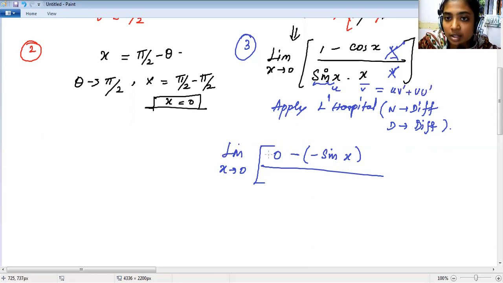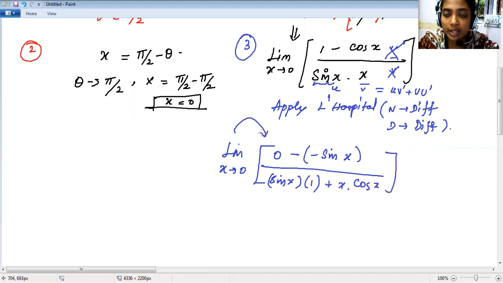So keep sin x, differentiate x to get 1, and keep x, and differentiate sin x to get cos x. Now apply the limit here. Sin 0 becomes 0, and at the bottom also you get 0. So 0 by 0 is my indeterminate form.